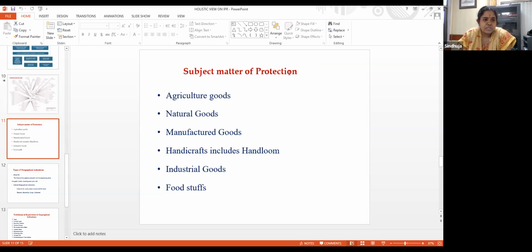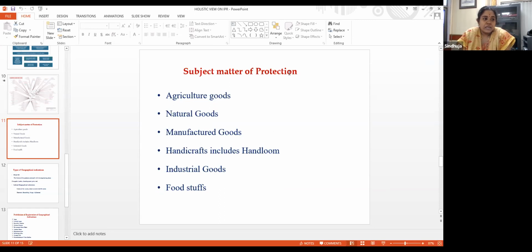Here the goods are the subject matter of protection along with their name. For example, if we want to buy certain things, we often say with the name of a particular city that we want the product from that particular place, because that place has its own climatic and geographical influence over the characteristics of that particular product.